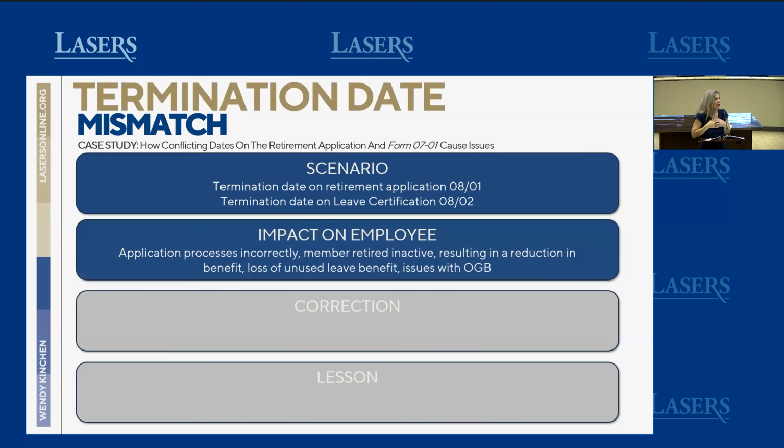So this member had to have this corrected. It had to be done through an administrative error. The only way to fix errors on a retirement application that are caught after the termination date is through an administrative error. Again, this employee, it all got fixed in the end, but they lost the ability to receive that extra benefit of leave.